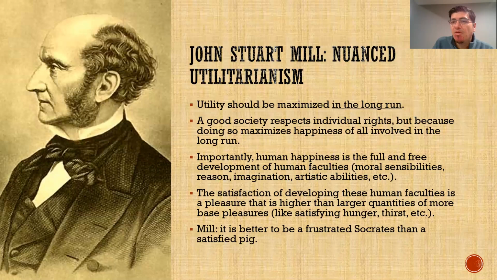And he thinks none of us who know enough about the choice would choose to be the satisfied pig. We would choose to be the frustrated Socrates, because we recognize that there's a quality difference. The kind of pleasure that Socrates has, even though it's largely frustrated, is better than the much larger quantity the pig has. So that's utilitarianism.